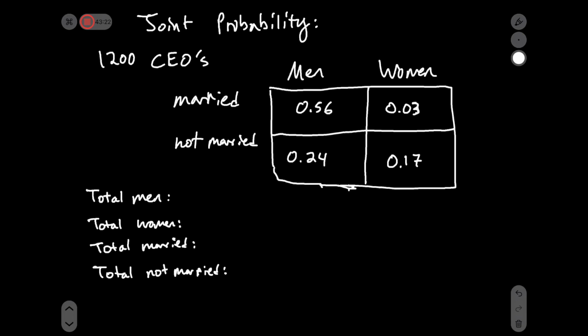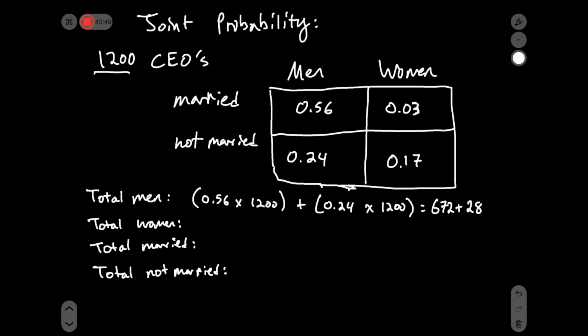So 0.56 times our initial 1,200 plus, well, we also need the men that are not married. So 0.24 times 1,200. And this total, I'll go ahead and give it to you, is 672 plus 288 equals 960.